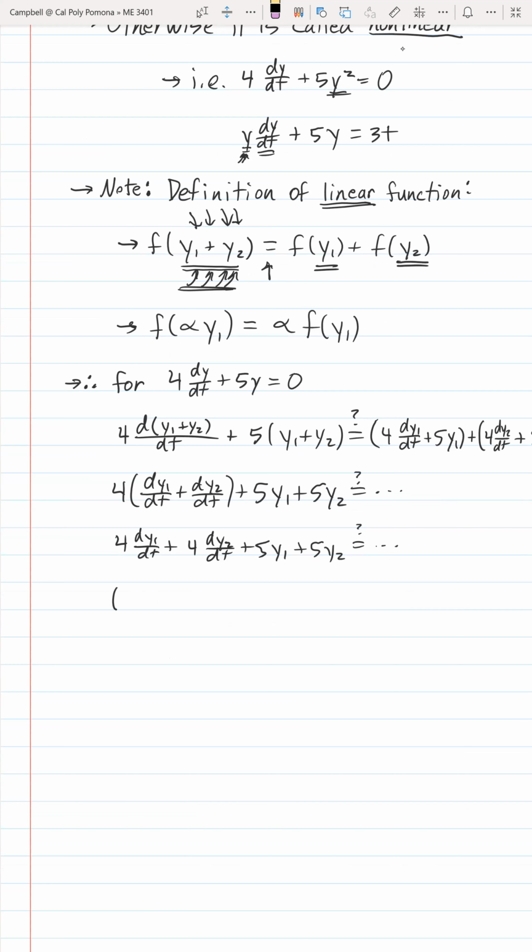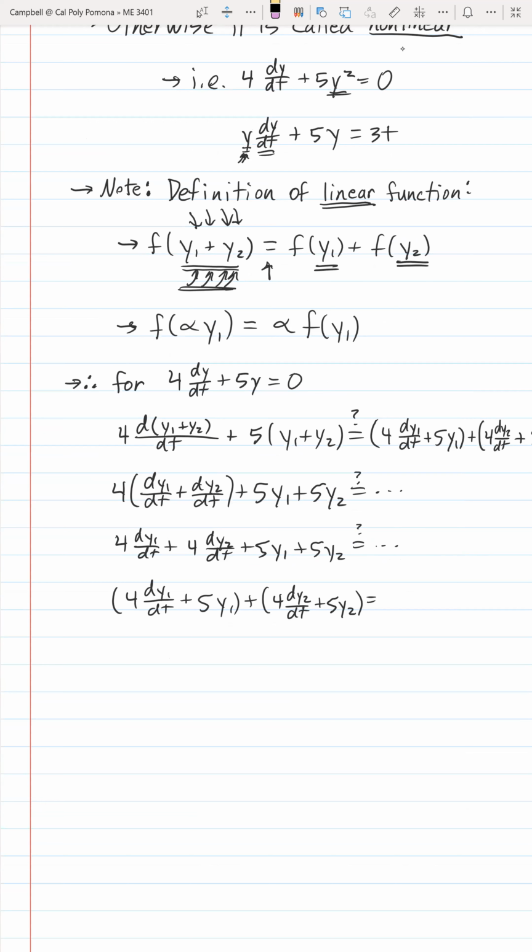Just rearranging the terms, we get 4 dy1/dt plus 5y1 plus 4 dy2/dt plus 5y2.